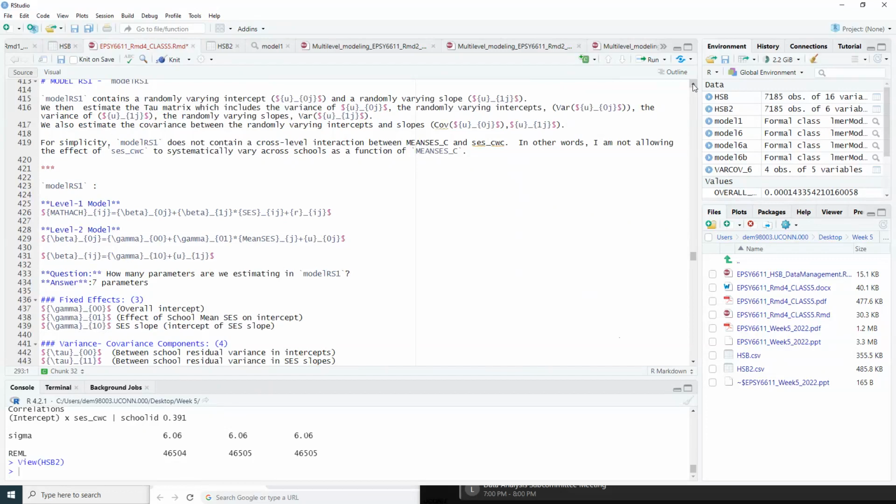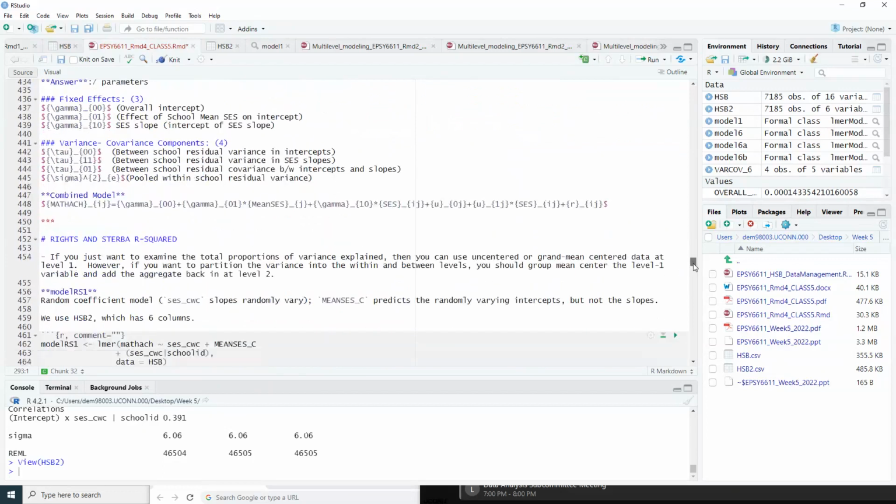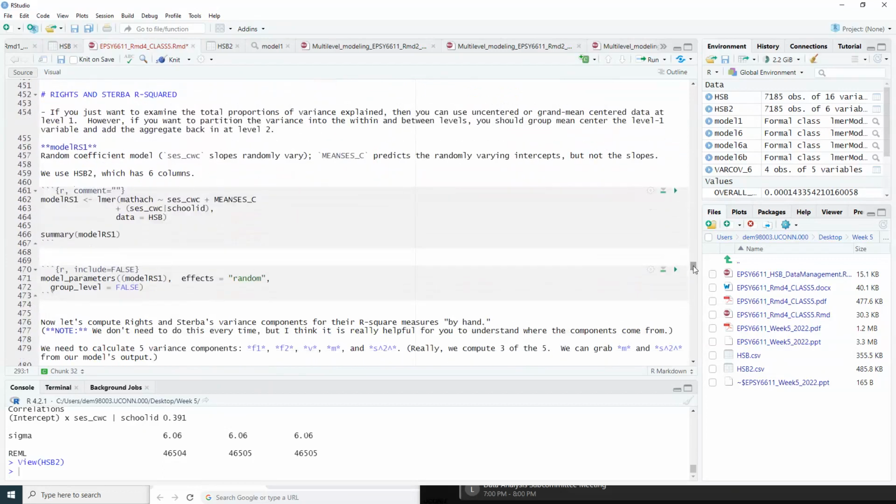If you look on your paper, where it looks a lot prettier than in our markdown, you can see exactly what the equations look like. And remember, we talked about Raudenbush and Bryk R squared before, right? I said if I just want the total proportion of variance explained, I don't have to worry about what kind of centering I use. I can use uncentered or grand mean centered or group mean centered data at level 1.